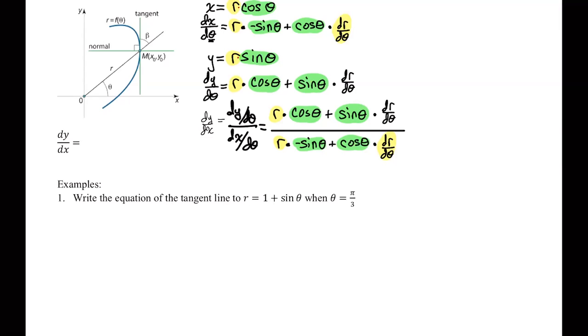Now, you kind of look at it and say, well, I don't know that I want to leave it like that. It's kind of messy, but it's a matter of preference, right? So you could try to clean it up, but I don't know what benefit it would give. But you can see in this complex fraction, I'll just box it here, we have dy d theta over dx d theta.